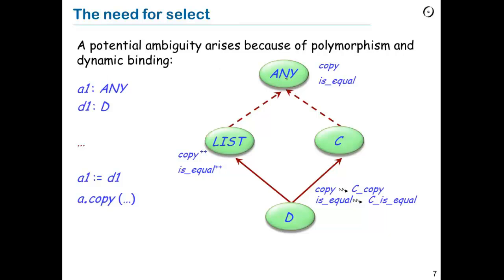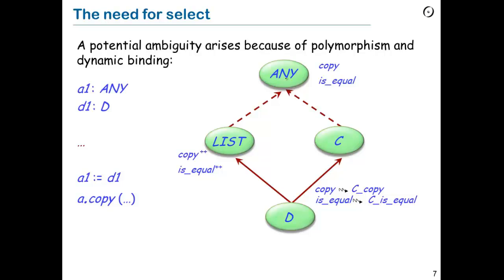This is, however, not the complete answer. There's still an element missing, because here we have considered only renaming. What about redefinition? This case appears very clearly in our fictitious example of a class D that inherits from both LIST and C, where LIST has redefined copy and is_equal.